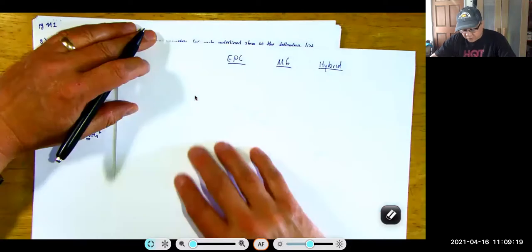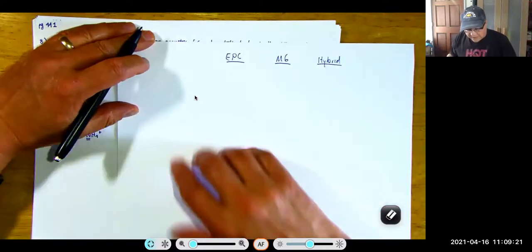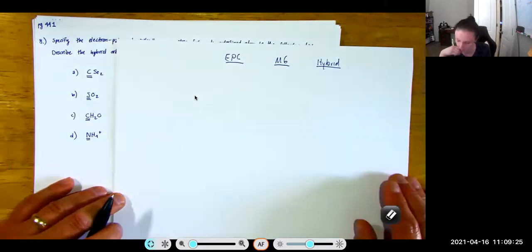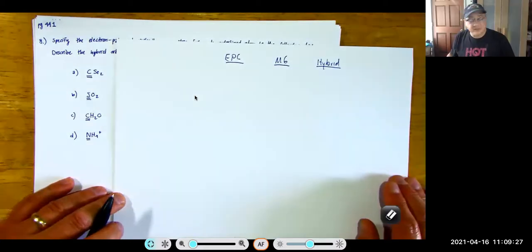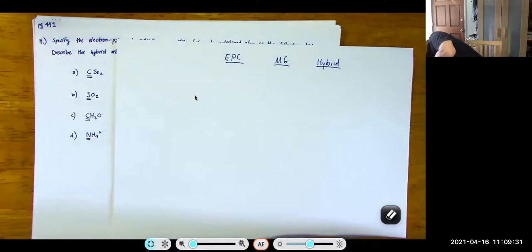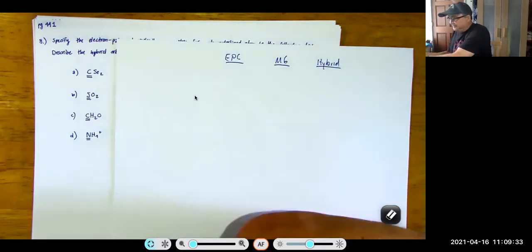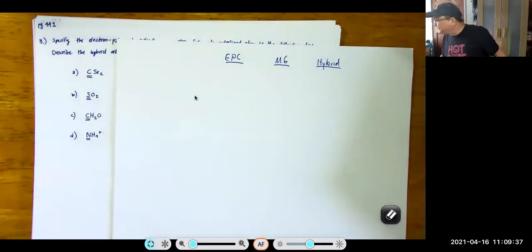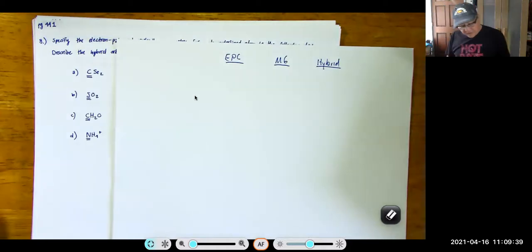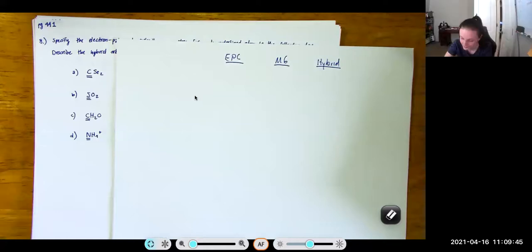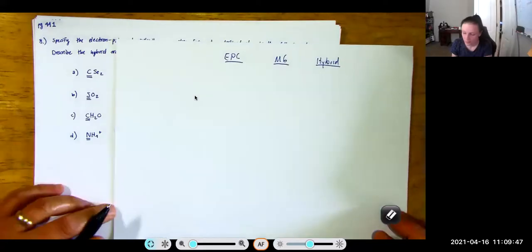So that means we need to start off with what? Not the formula, but Lewis. So how many electrons does selenium have? 6. Okay, so we're looking at what? 12 plus 4 is how many electrons? 16.